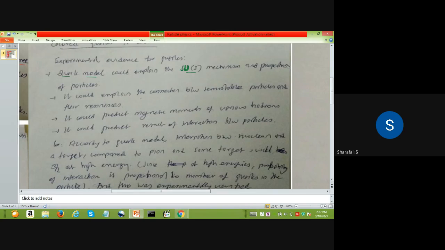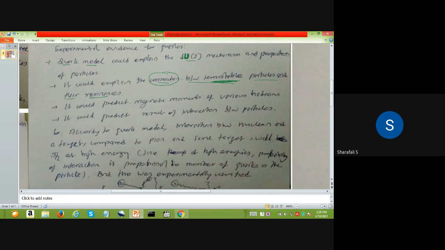Okay? And then it could explain the connection between semi-stable particles and their resonances. Resonances we already discussed. So by using the quark model, we can explain the connection between the semi-stable particles and their resonance particles.